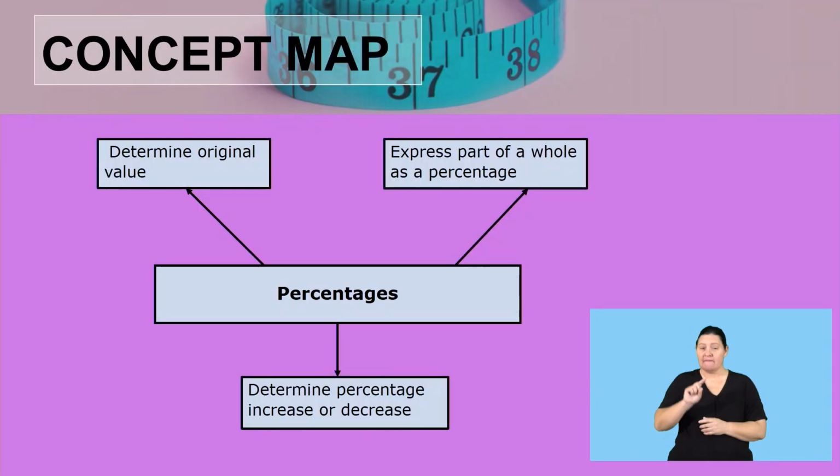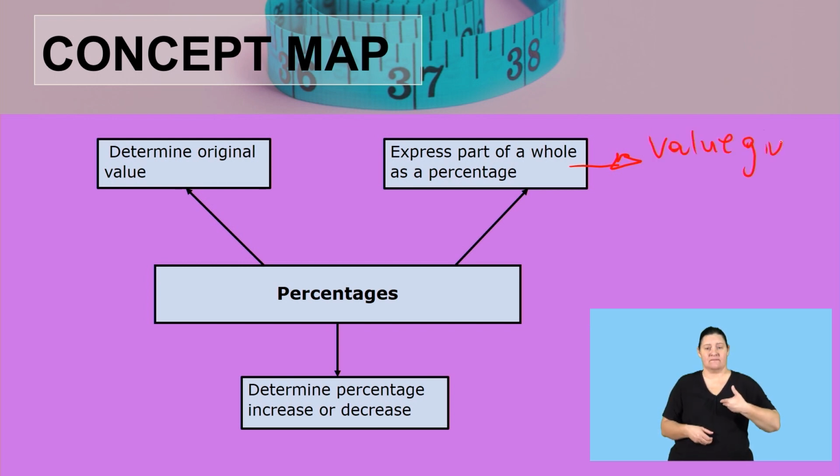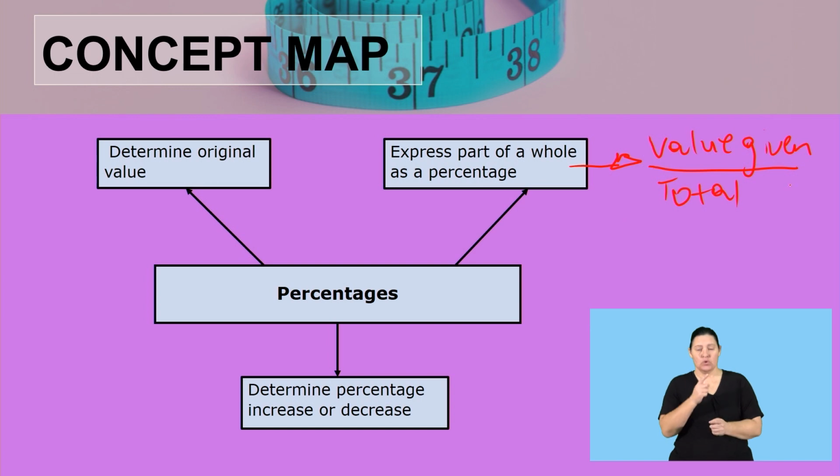So now I just want to quickly go through all the concepts we did in this lesson. The first concept was to express part of a whole as a percentage. Remember, to express part of a whole as a percentage, we divide the value given by the total, and then after that, you multiply it by 100%.